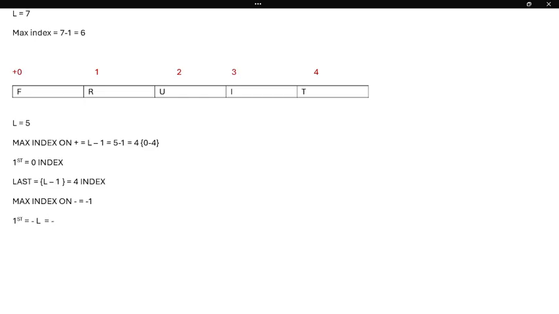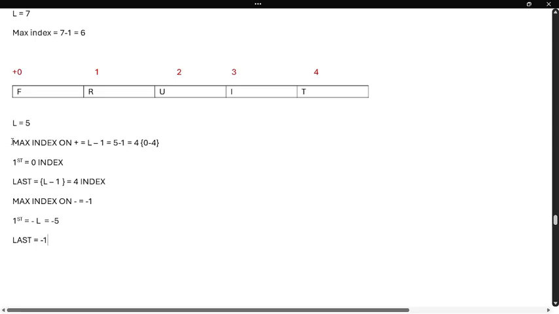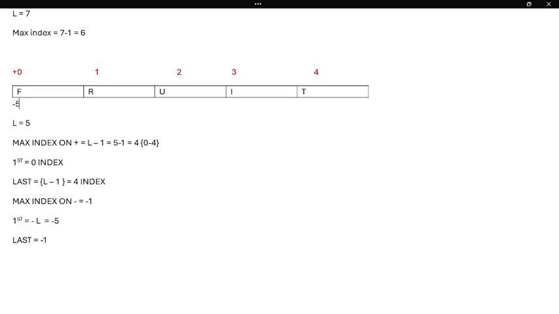So it will definitely be minus 5. What will be the last index, sir? The last will always be minus 1. Don't get confused with this, you will get to know. You are studying about fruit, so it will start from minus 5, minus 4, minus 3, minus 2, and minus 1.